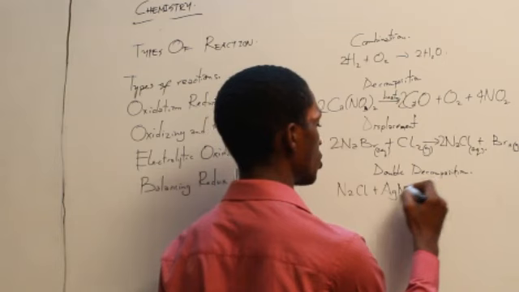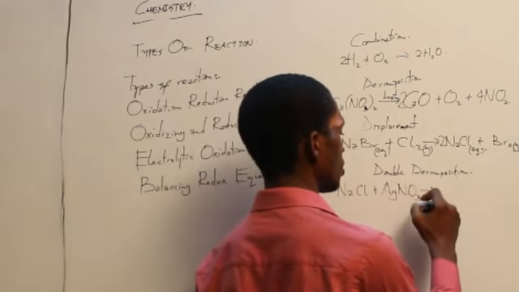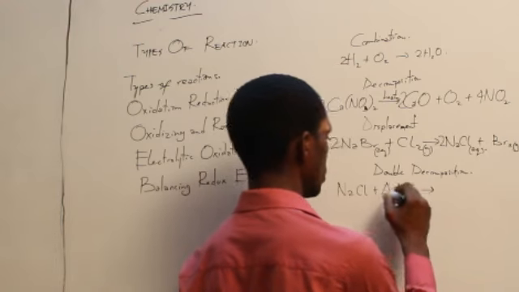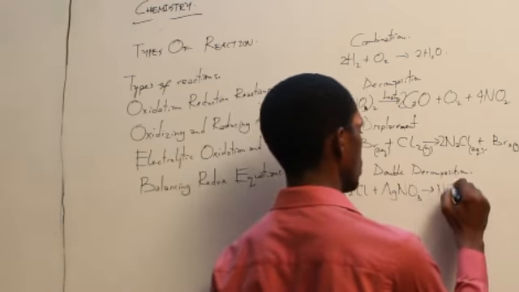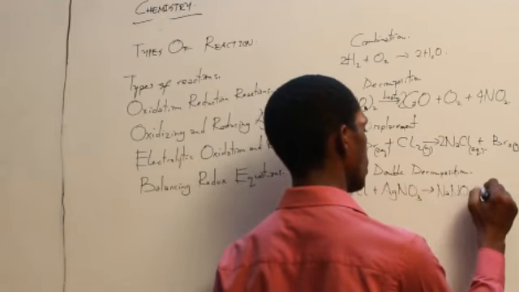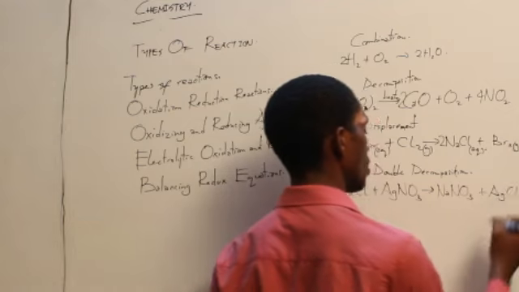When you react these two together, sodium chloride and silver nitrate, you would have sodium nitrate plus silver chloride.